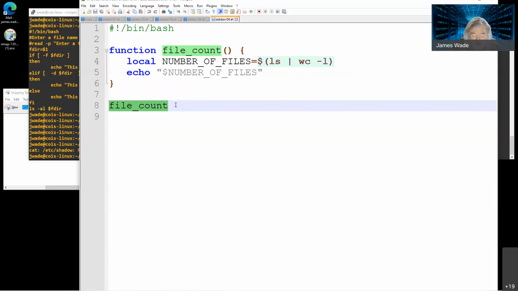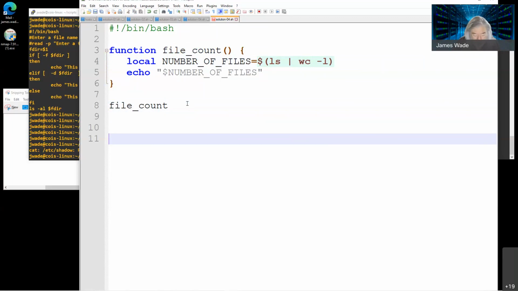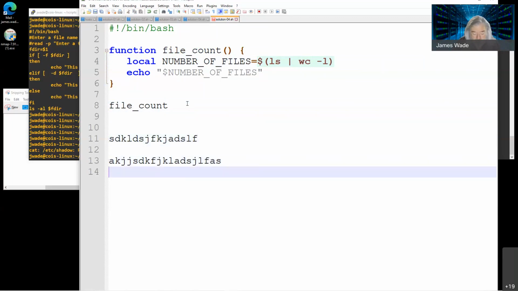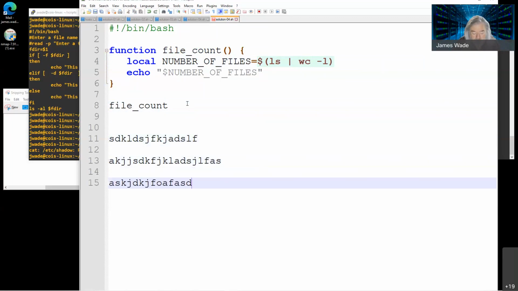In this case, we want to count files. So this is called a local variable. This local variable is only going to exist within the function, meaning number of files is the variable. If we were to type in additional code down here, that number of files couldn't be used.